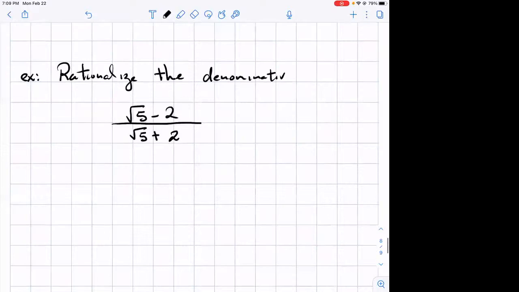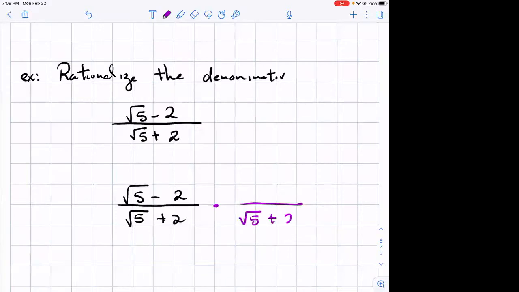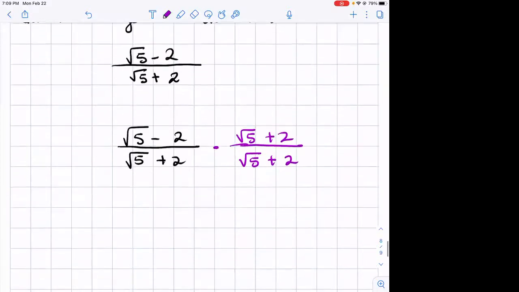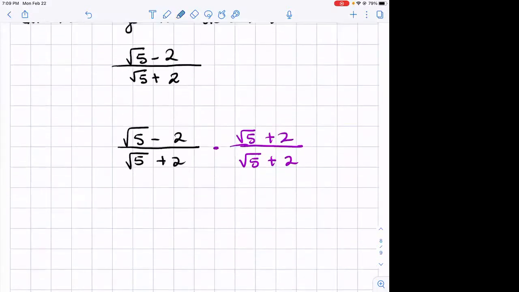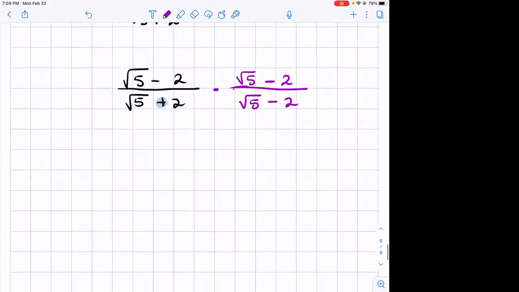So we'll multiply by the conjugate of the denominator, okay? The conjugate of the denominator would be root 5 minus 2. And we multiply the top by the same. Root 5 minus 2, because this is a plus. If this is a plus, that has to be a minus. Top and bottom, we multiply by the same, because when you do the division, it has to be 1.